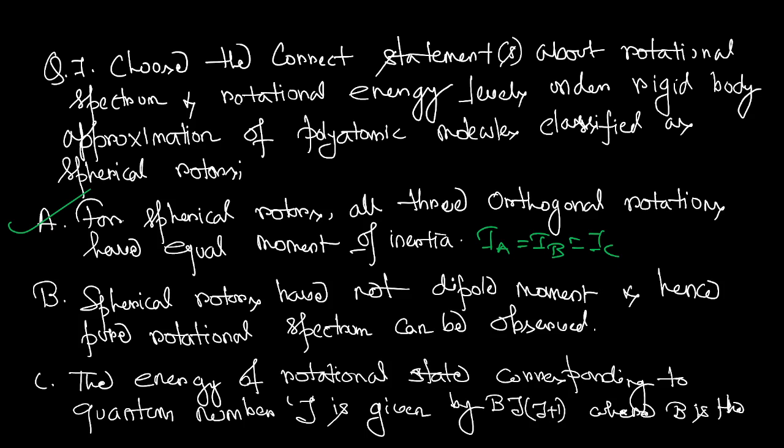But you can see it is not true, because if you take the example of CCl4 or CH4, the net dipole moment is 0. If the net dipole moment is 0, then there will be no pure rotational spectra. So for a spherical rotor, you cannot see any pure rotational spectra. So this is an incorrect option.